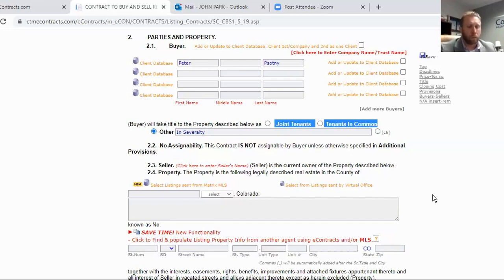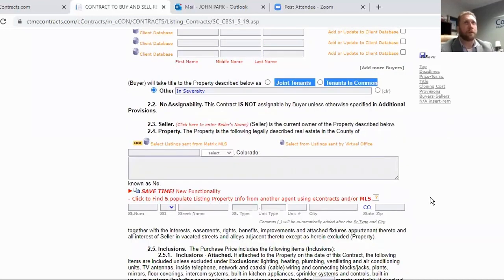So if they want to keep that separateness, and if one of them passes away, they want their own children to get that portion of the house, then they may choose to do tenants in common as well. Correct. One of my associates mentioned right of survivorship and joint tenancy. Those two are associated together.